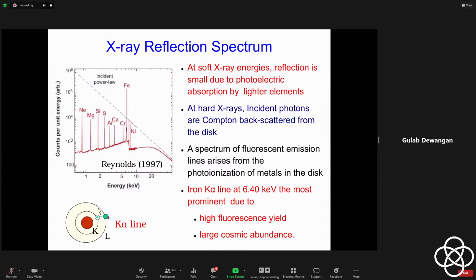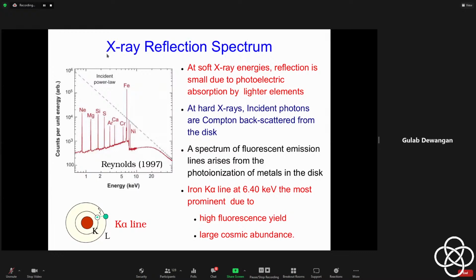Then quickly another electron from the L shell jumps into the K shell, and this produces the iron K-alpha line at 6.4 keV. Similarly, other lines due to nickel, chromium, etc. are expected, but iron has the highest cosmic abundance as well as the high fluorescence yield. The combination of these two produces a strong iron K-alpha line, while all other lines are much weaker.